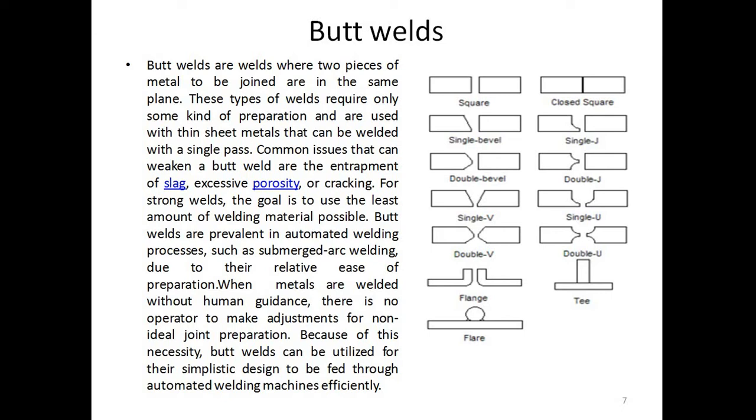The main issue with butt weld is that when we are going to weld, or after weld, some slag, excessive porosity, or cracking is there. Slag means the amount of molten material that acts on that welded part. Porosity means not solid. Welding will take place, so cracking will occur.